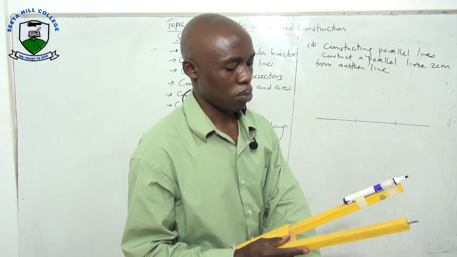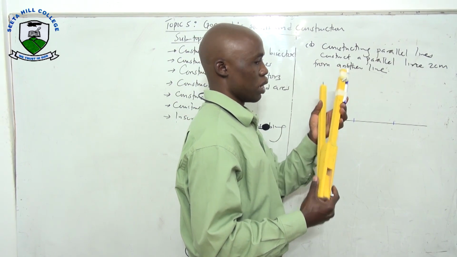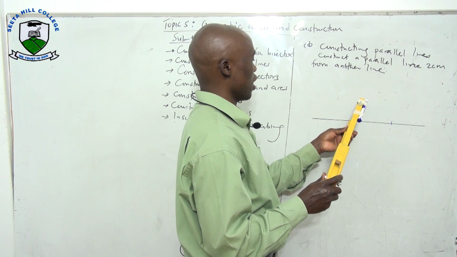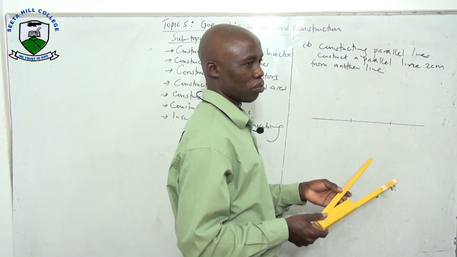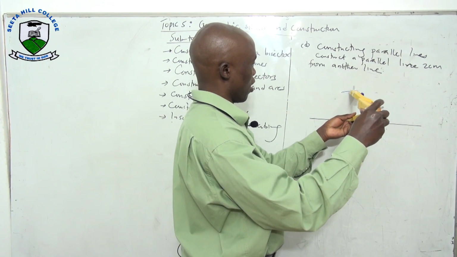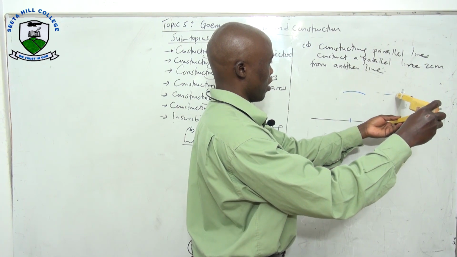You measure 2 centimeters, then you make sure the radius is 2 centimeters. What do we do? You create arcs up, but those arcs should be the same distance, 2 centimeters, like this. Yes. Okay.